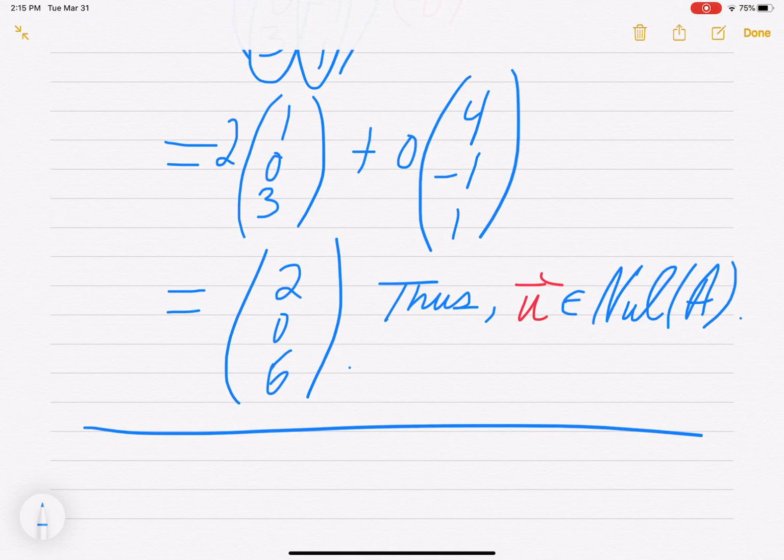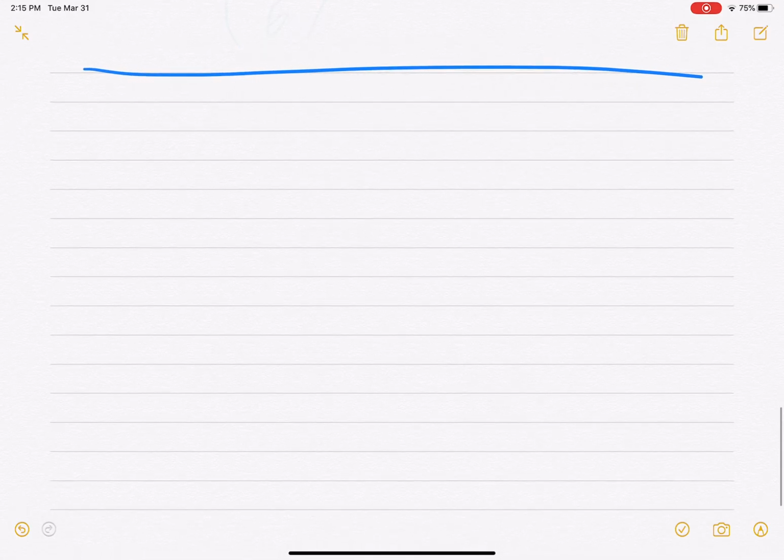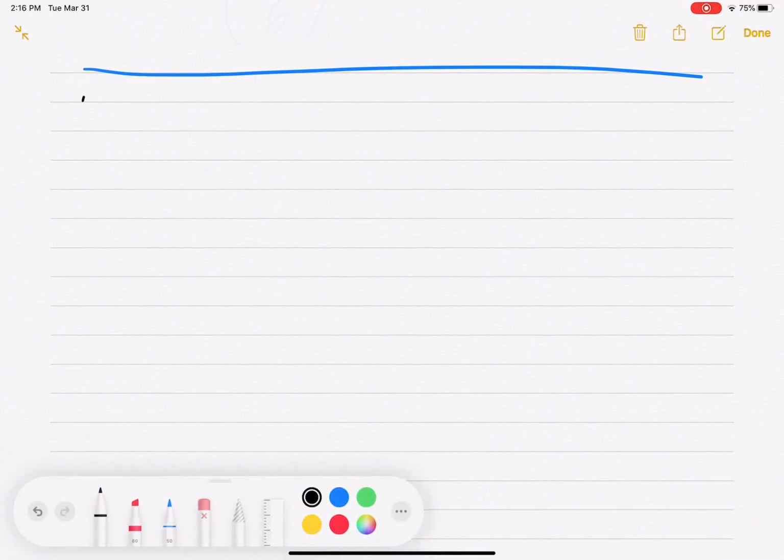All right, so we want to do one more exercise.